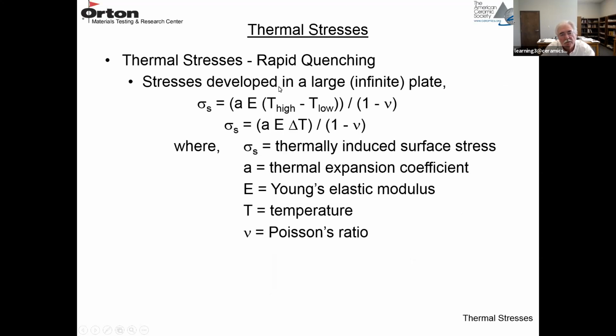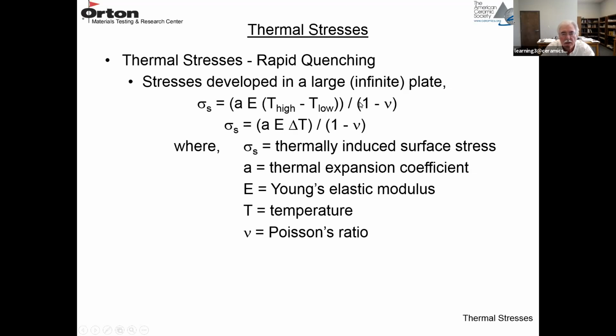So the stresses that develop in this infinite plate are given by this equation here. Sigma S is the thermally induced surface stress. So that surface stress just equals the expansion coefficient of the material, alpha, the thermal expansion coefficient, times E, the Young's elastic modulus, and then the temperature difference, the high temperature minus the low temperature.